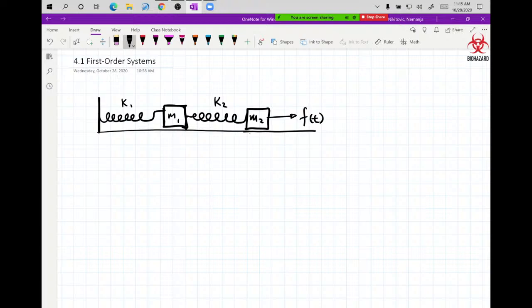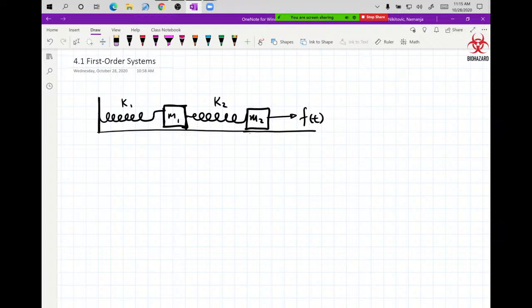clearly as you pull on the M2 object, the M1 object will also start to move, and when you let go, they're going to oscillate at different frequencies because the k's are different. Now, each one of these masses has its own equation.